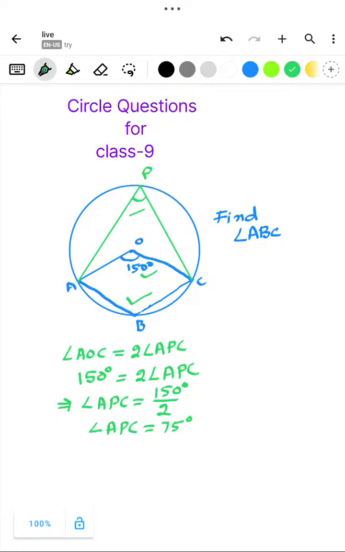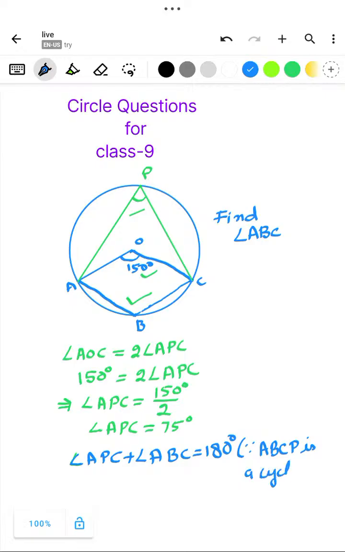Okay, so angle APC plus angle ABC will be equal to 180 degree, because ABCP is a cyclic quadrilateral, right?